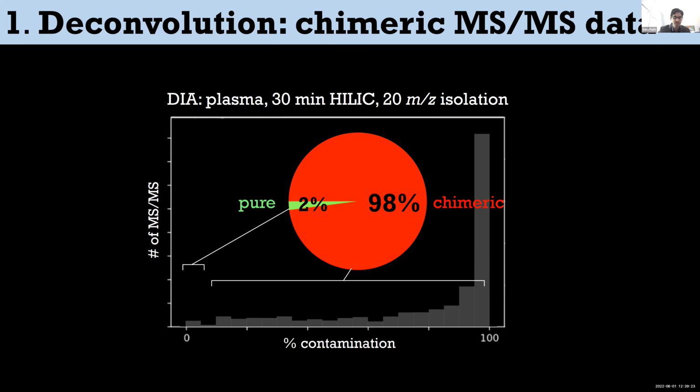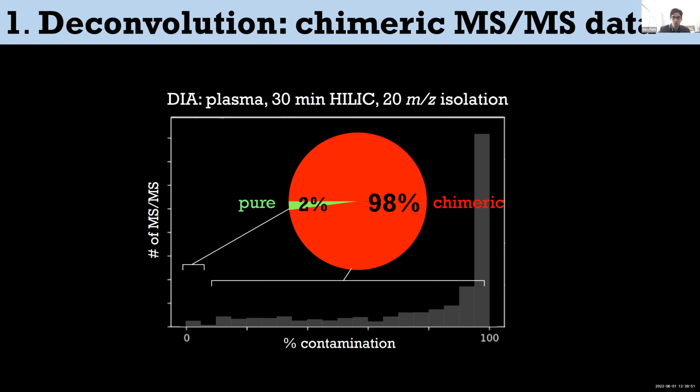The y-axis in this diagram is the number of MSMS data, and the x-axis is the percentage that the data are contaminated. As you can see pretty clearly, when we're doing this kind of DIA experiment, most of the data are chimeric. 98% of the data are chimeric. We have a small amount of data that fall into that first bin, which are pure, but for the most part, not only are the data chimeric, but the percentage of contamination is pretty high.